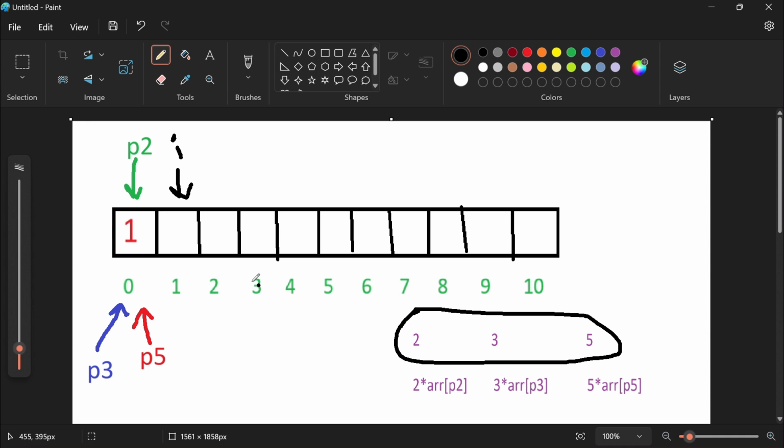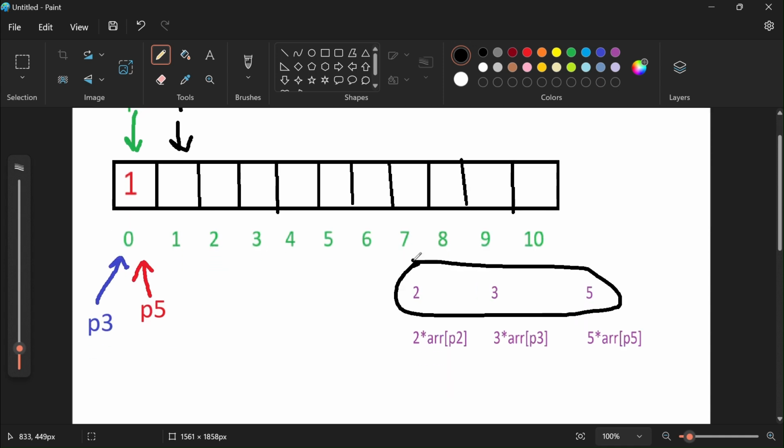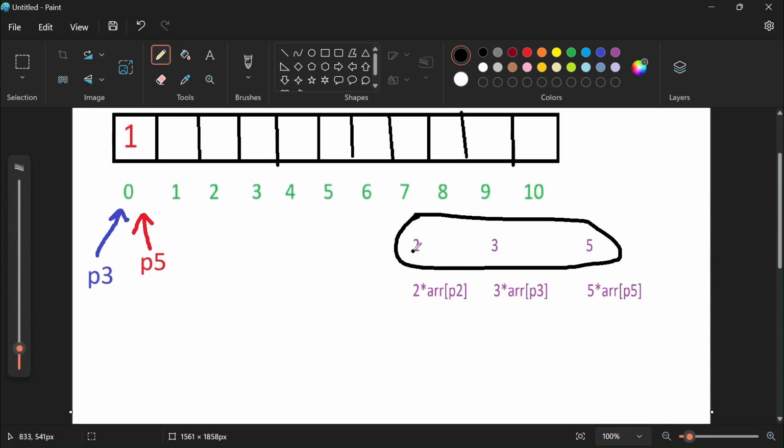What is our first ugly number? 1. So we multiply 1 with 2, we get 2, by multiplying 3 with 1 we get 3, and by multiplying 5 with 1 we get 5. And among these three values, what should be the next value? The minimum of them. So we take the minimum, 2, and we store it in our answer.